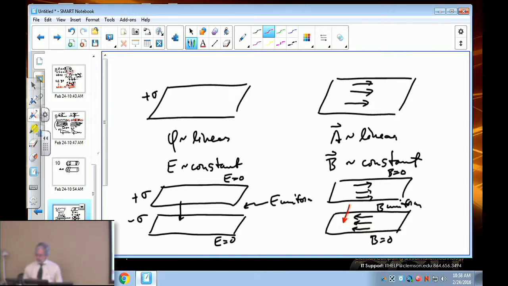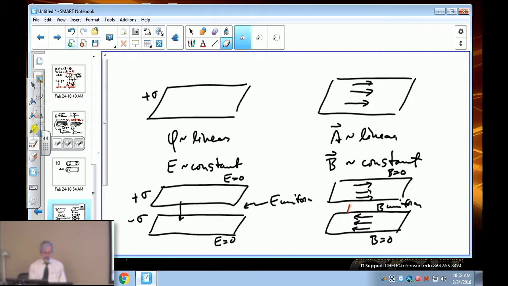No, I got it backwards. Hang on. Yeah, I got it backwards. It goes into the page here. So you could make a uniform B field that way.